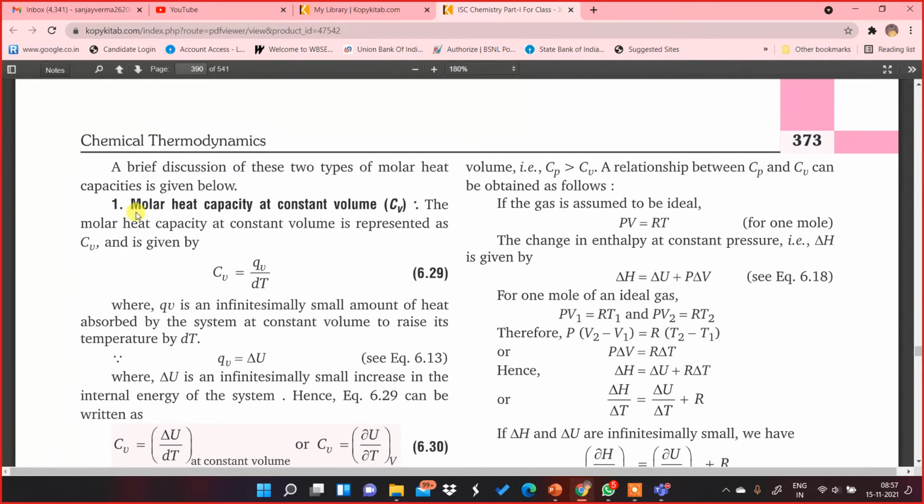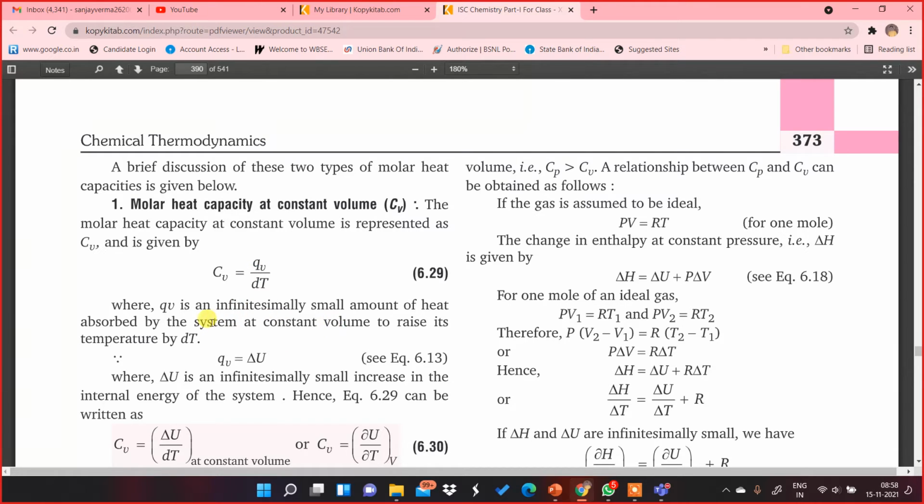Number one, molar heat capacity at constant volume. It is given by this formula, equation 6.29, where dQV is an infinitesimally small amount of heat. Why QV? Because this is the heat exchanged at constant volume, so instead of Q only, we are writing QV over here.